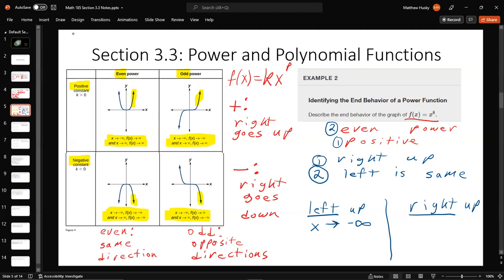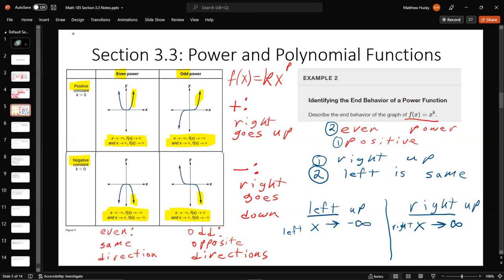And then you have the right side, and the right side will always be x goes to infinity, positive infinity. Because on the right side of a graph, that's where all the positive x's live. So this is just math speak for left side. And this is just math speak for the right side.